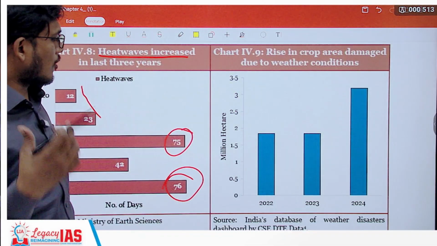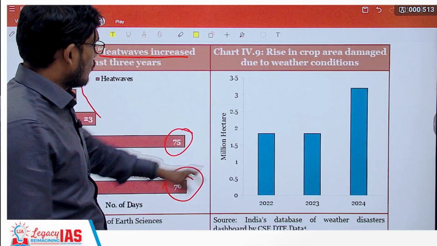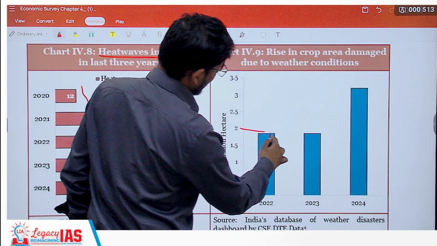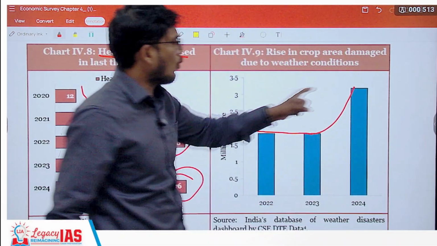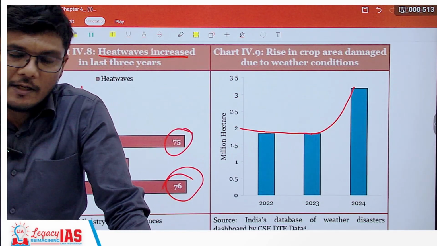So there are too many heat waves. There is a rise in the crop area that was damaged. In million hectares, it was around 2 million hectares, slightly less than that. But then look at the jump, over 3 million hectares, close to 3.5 million hectares of area is impacted.